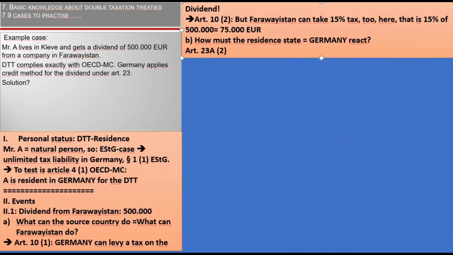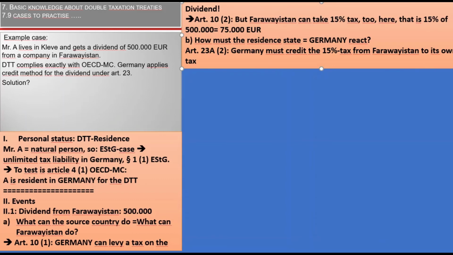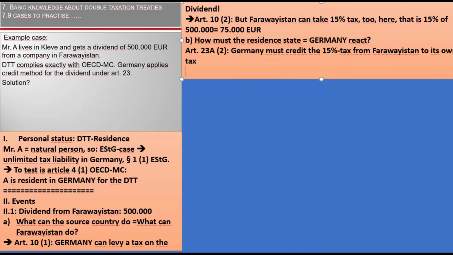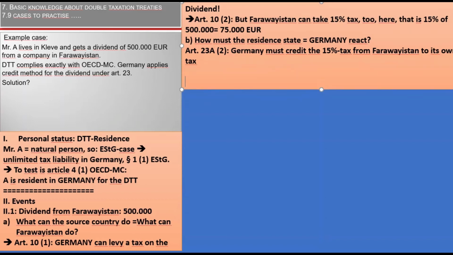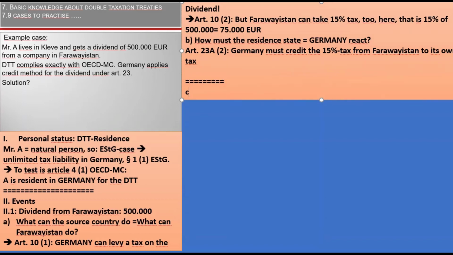Article 23A variant, paragraph 2, Germany must credit the 15% tax from Far Western to its own tax. Now, anything else in the case? And the answer is no. Case solved.